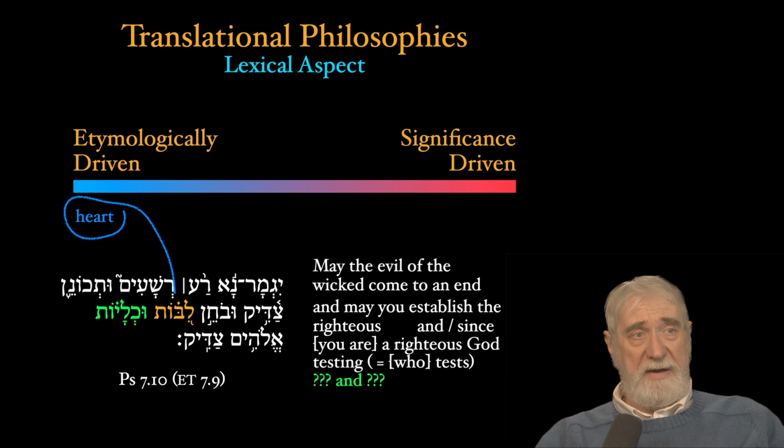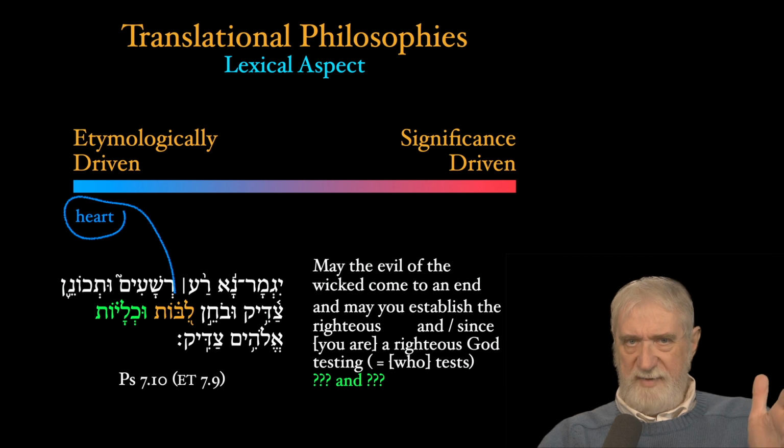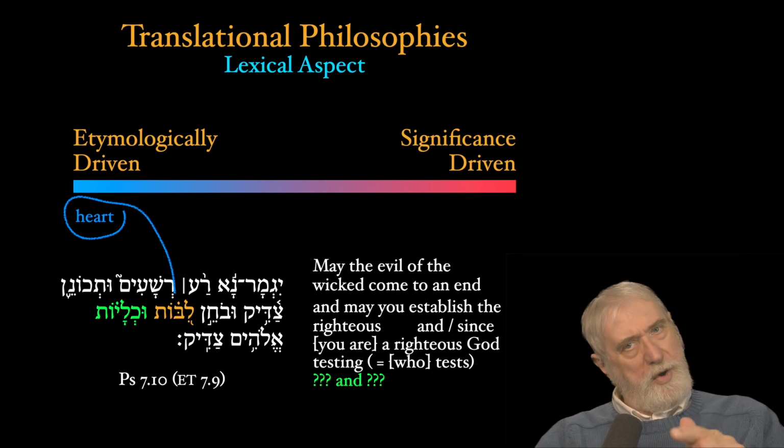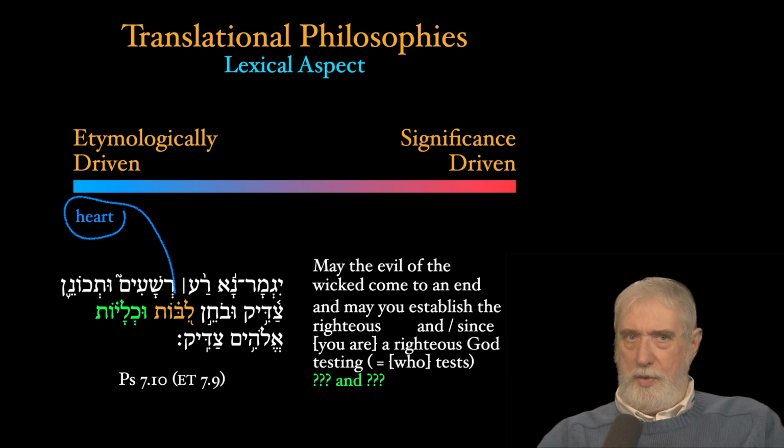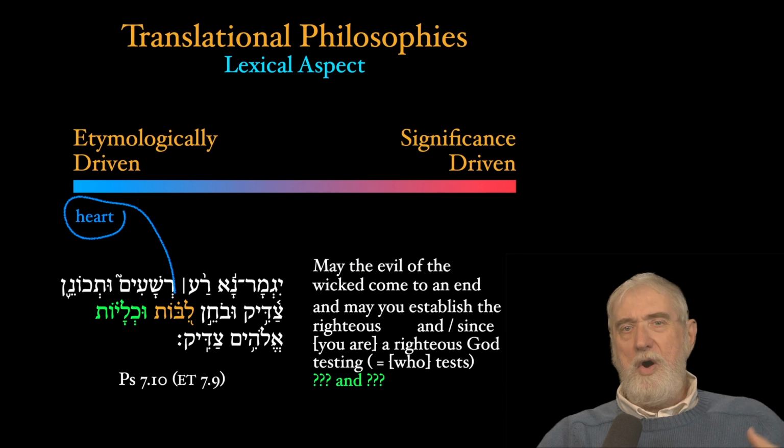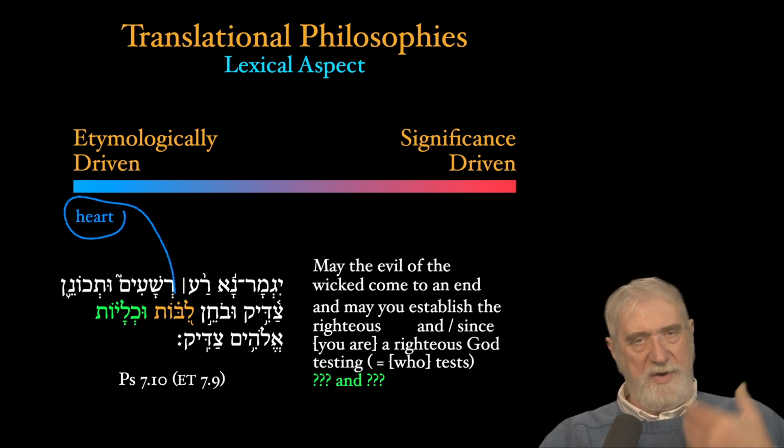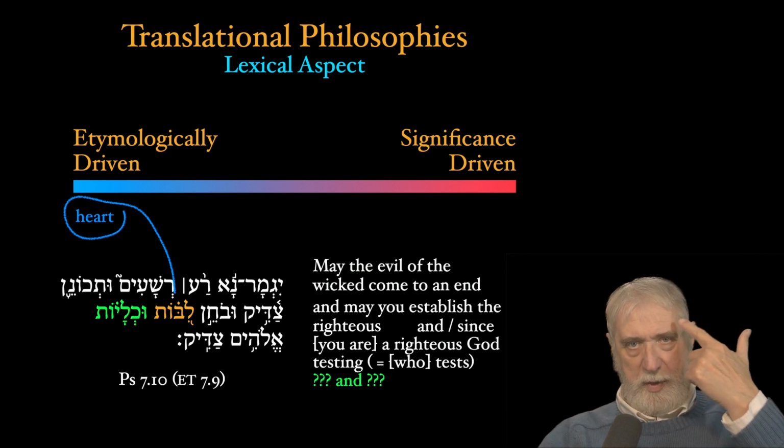On the other hand, someone who's approaching the text from the perspective of a significance driven approach to words would say, in the ancient world of the Bible, the heart was understood to be the seat of thought. In other words, they didn't think that the mind was where thought took place.